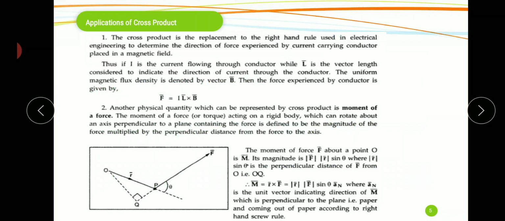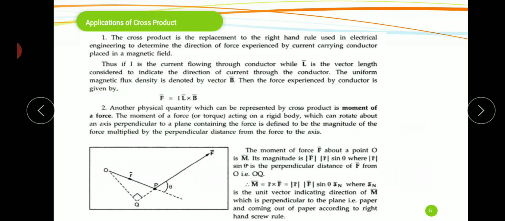Okay, and next, the uniform magnetic flux density is denoted by a vector B bar. Hence, a current carrying conductor placed in a magnetic field experiences a force, that force F bar.